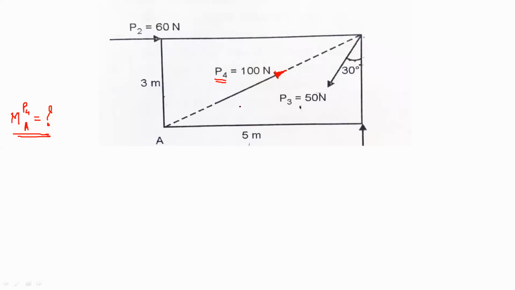So to find out the moment by P4, there is no need to resolve the force P4. What is moment? For the moment, we need force and its perpendicular distance with respect to a given point.